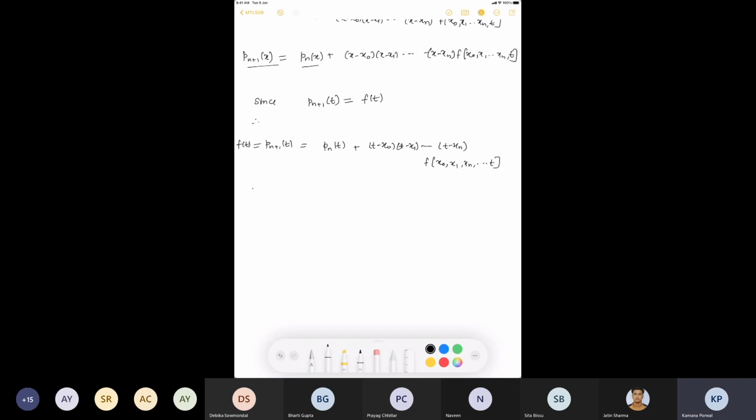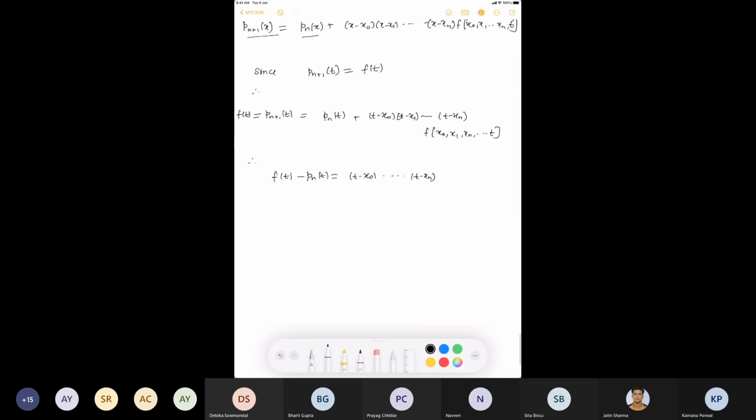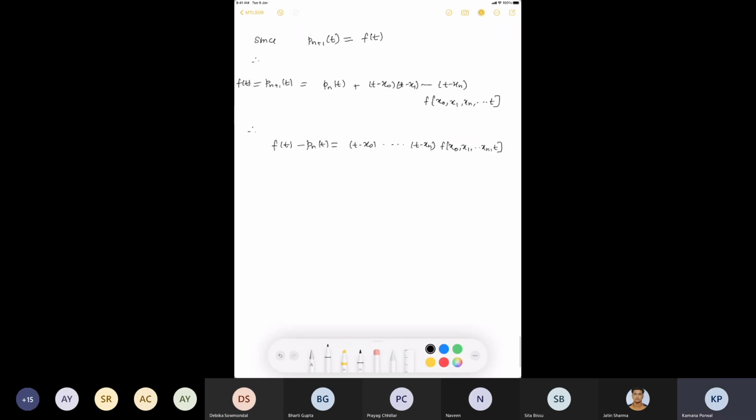Okay, so from here, what I have got is that f(t) minus p_n(t) is nothing but (t minus x0) up to (t minus xn) times the (n+1)th divided difference of f with these arguments.